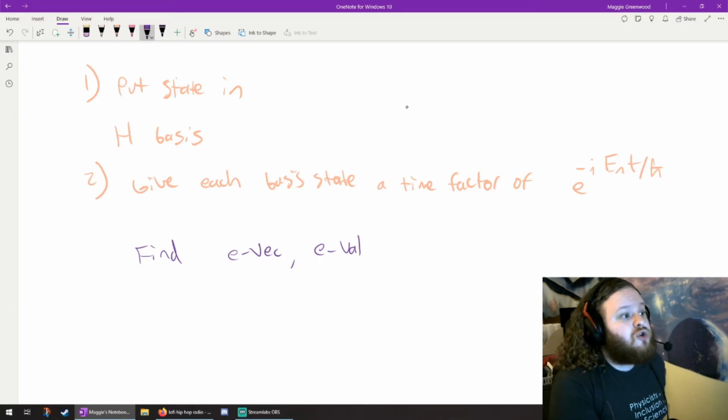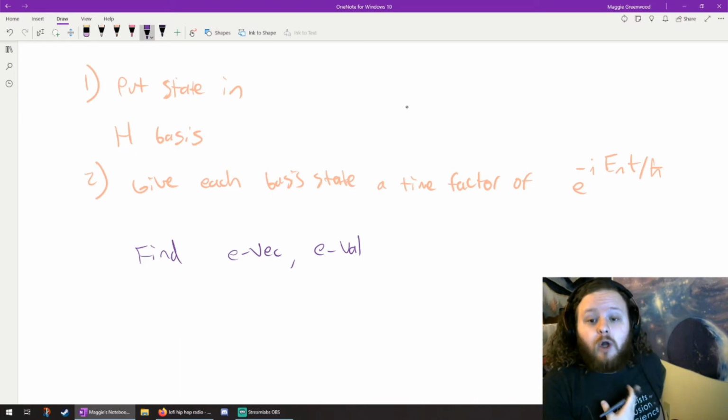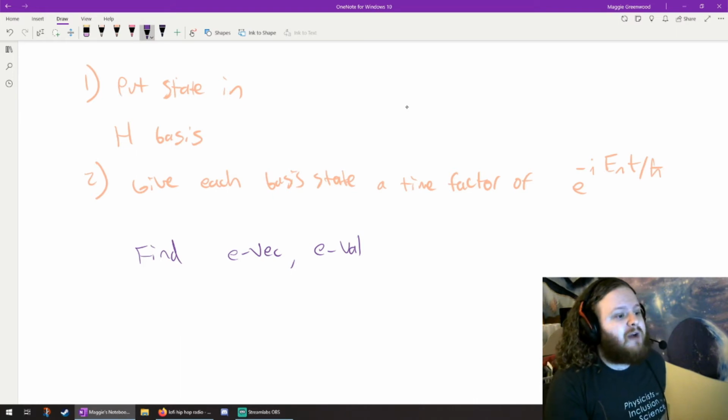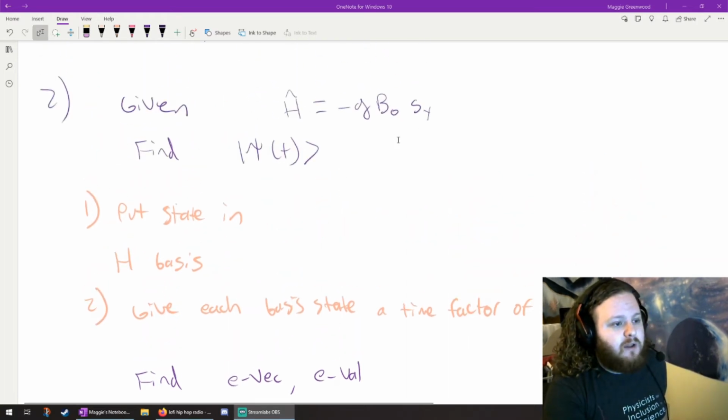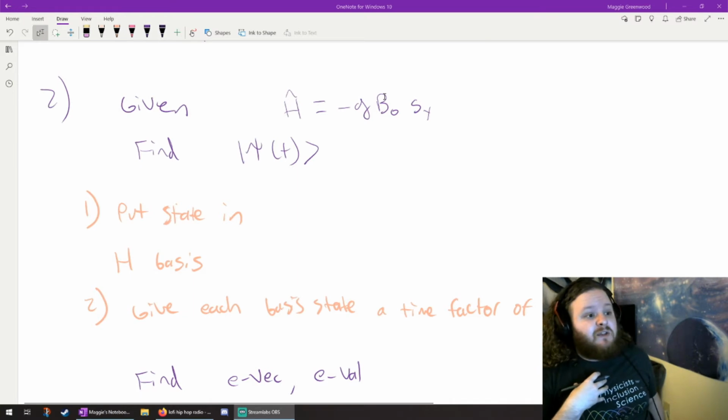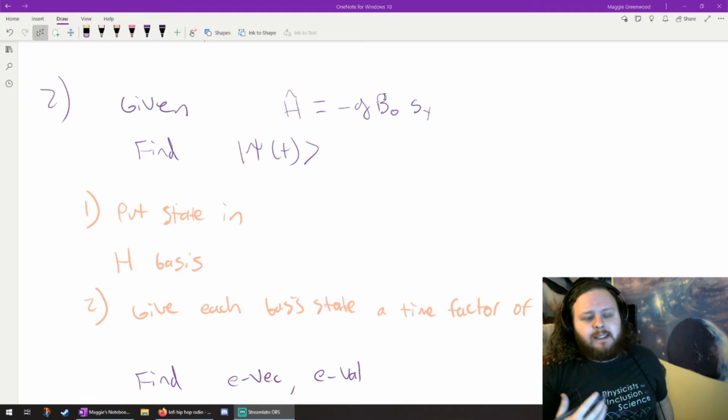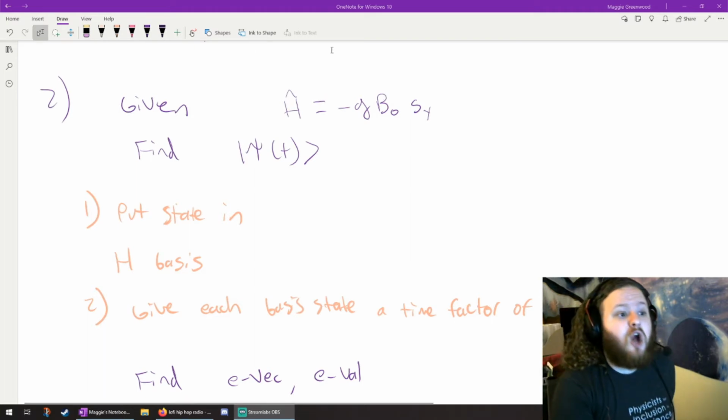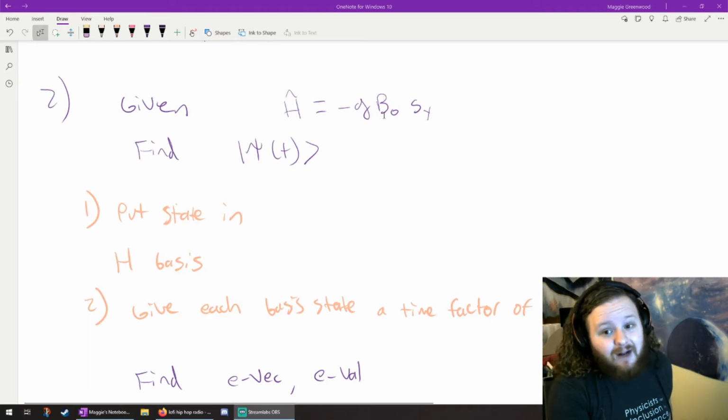So, to do this in general, to put the state in the H basis, you have to find the eigenvectors and the eigenvalues of the Hamiltonian you're given. Thank you, Maggie, for the reminder. Because I gave myself a Hamiltonian that is just a constant times Sy, I actually know the eigenvectors and eigenvalues right off the bat.